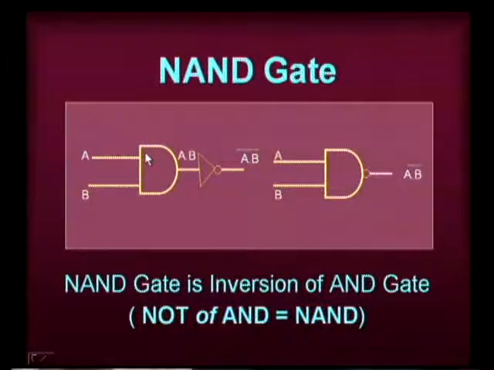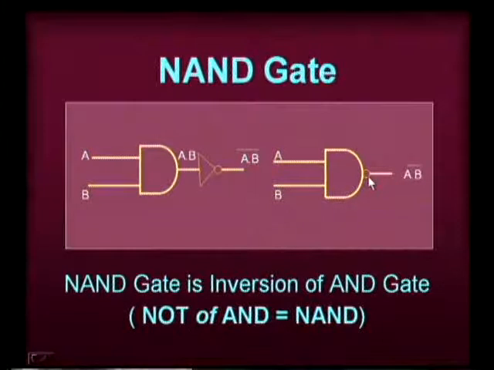Here you can see this is the AND gate whose output is A dot B. When this is given as the input for the inverter, you get the complement of A dot B. We call this (A dot B) bar. By putting these two together, we can realize another gate called the NAND gate. So, this is the NAND gate.